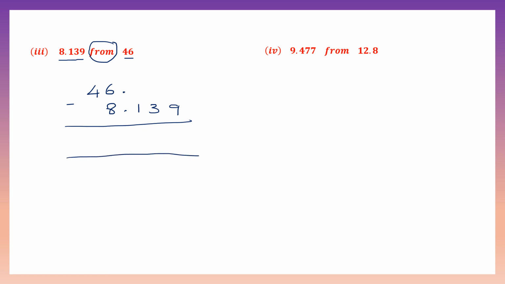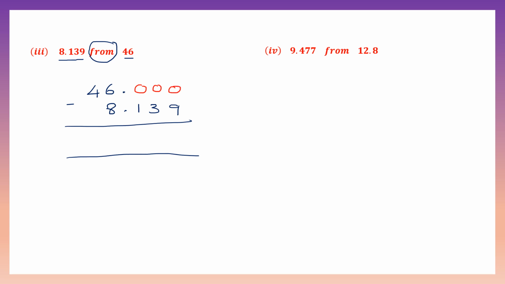Question 3. Now we're going to subtract this number from this number. So whenever we have this word from, remember the second number comes first. So we're going to write 46 first. 46 point. And then we'll see how many zeros we need to put. So this is 8.139. Now let's subtract the 2. Minus. Now we have to make them like decimals by putting 3 zeros.